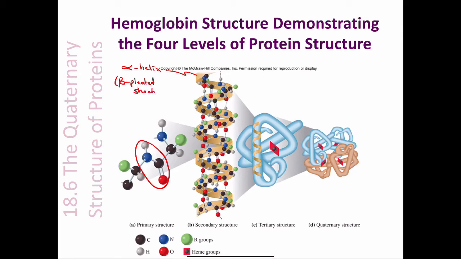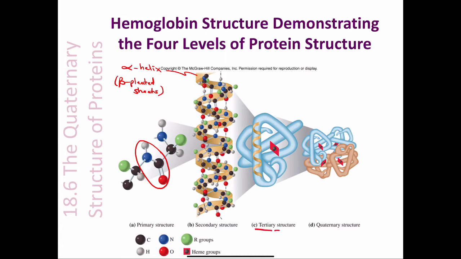And then of course, once we get that long protein chain, it can fold in on itself, and those R groups are going to interact with each other via hydrogen bonds or salt bridges or disulfide bridges, etc. So it's going to fold in and form tertiary structure.